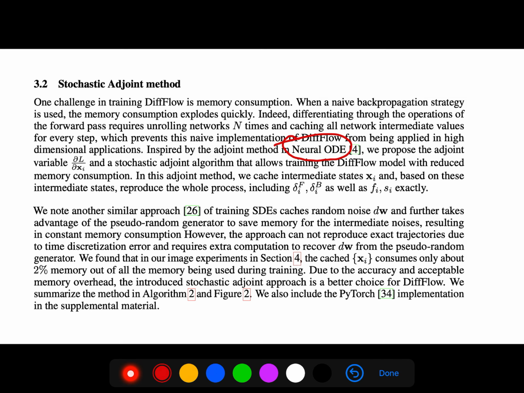This adjoint variable is very good for reducing the memory consumption. We note another similar approach of training SDEs caches random noise and further takes advantage of a pseudo-random generator to save memory.